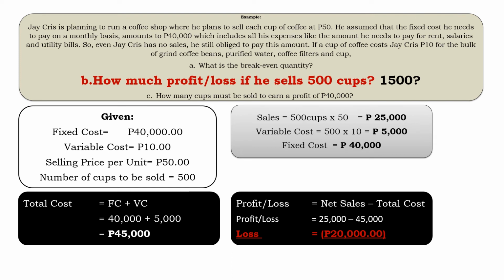To substitute, our net sales is 25,000 pesos and our total cost is 45,000 pesos. Since our total cost is higher than our net sales, meaning J. Chris incurred a loss amounting to 20,000 pesos.